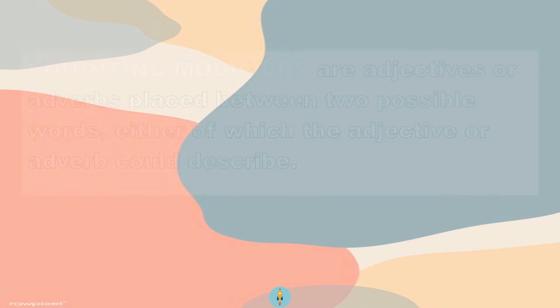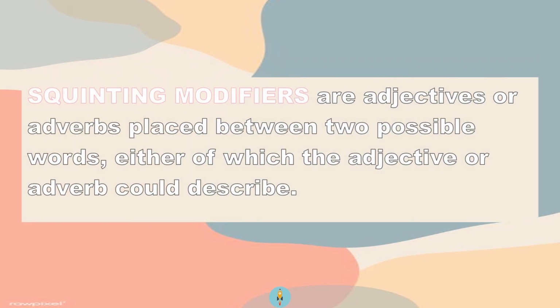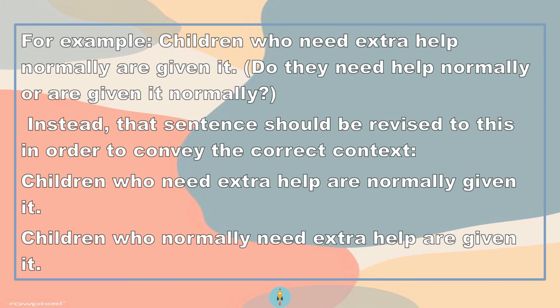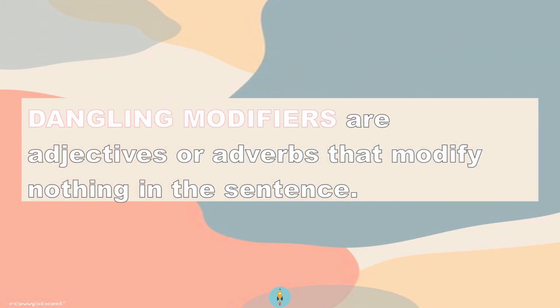Squinting modifiers are adjectives or adverbs placed between 2 possible words, either of which the adjective or adverb could describe. Entangling modifiers are adjectives or adverbs that modify nothing in the sentence.